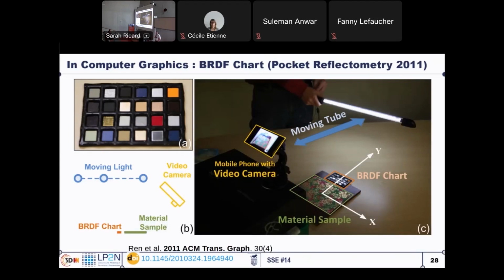And once again, by comparison, they try to infer new BRDF models that are mostly linear combinations of the BRDFs that are in the BRDF chart. The idea was to have something that you can do with low-end devices.